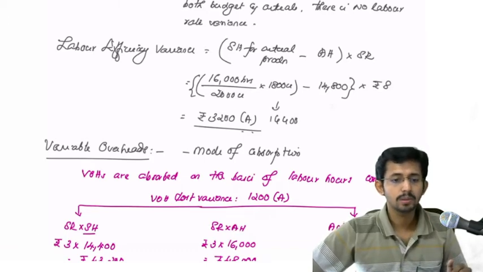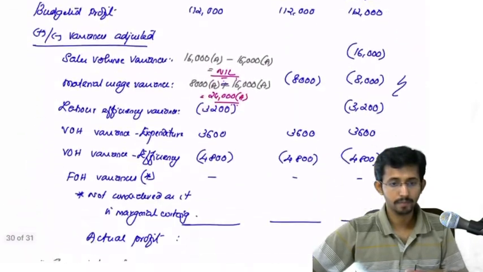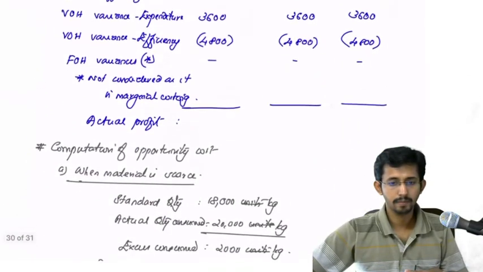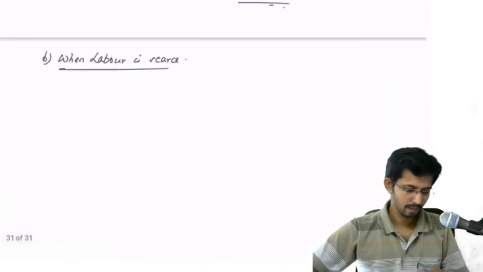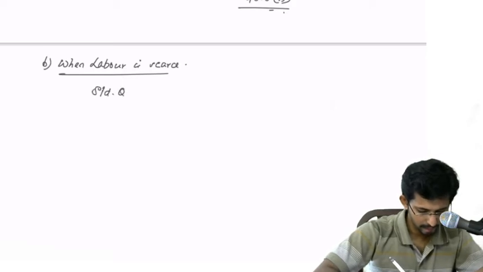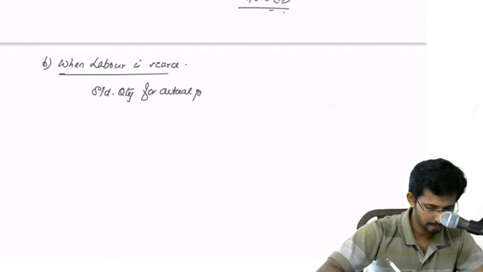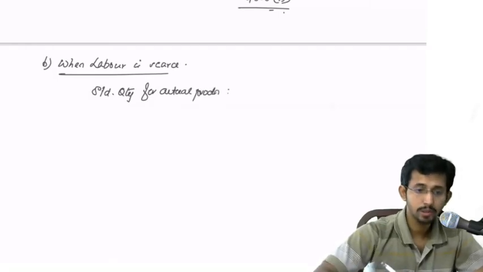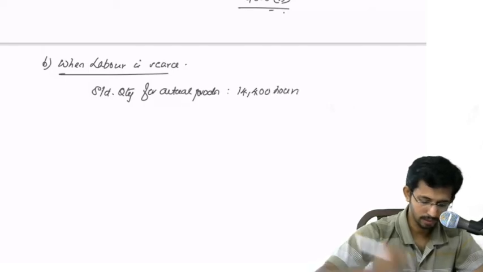Now, so here the calculation will be, labor is scarce. Standard quantity for actual production. How much? 14,400 hours.